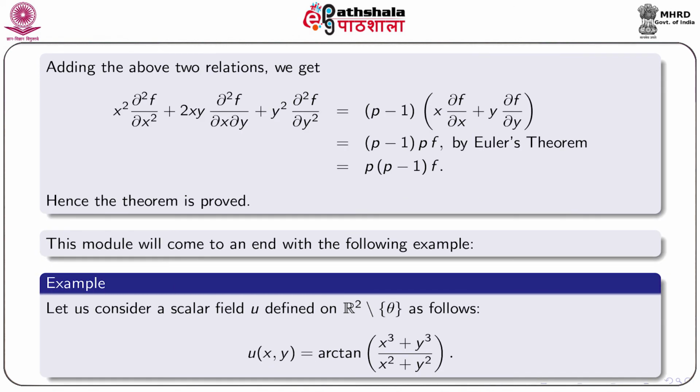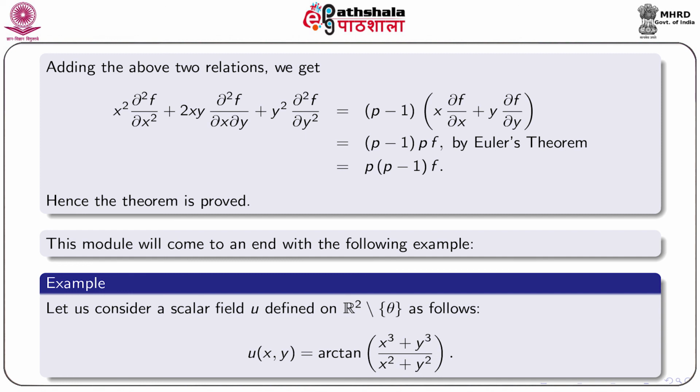If we add them, we find that x^2 ∂²f/∂x² plus 2xy ∂²f/∂x∂y plus y^2 ∂²f/∂y² equals p times (p minus 1) times f. One can easily check that here we have used the equality of mixed partial derivatives, and hence the result is proved.